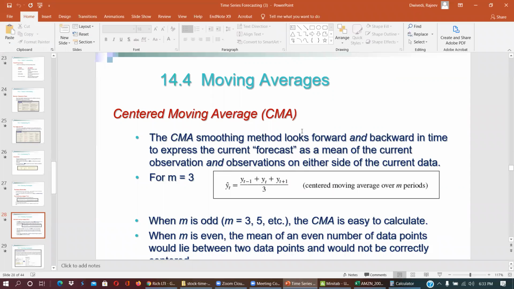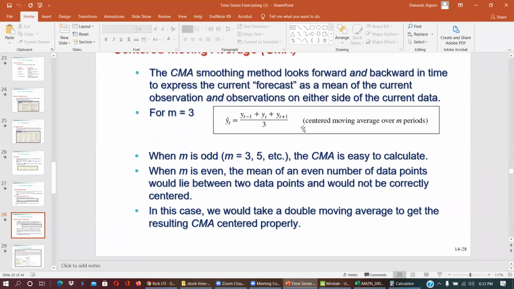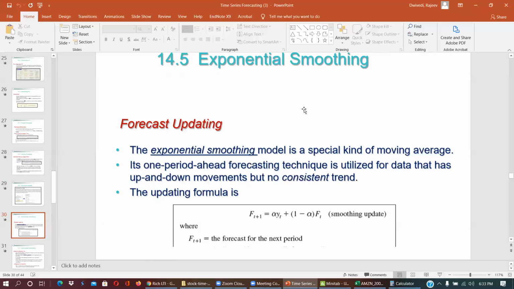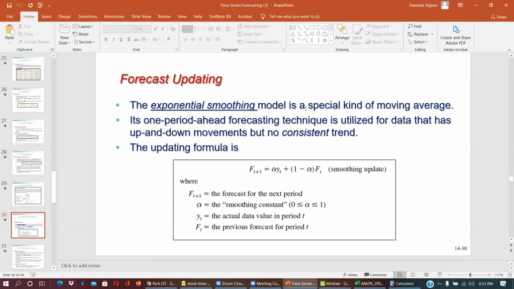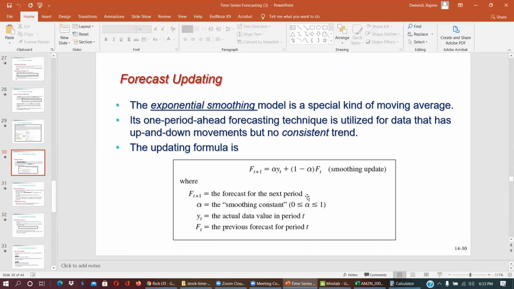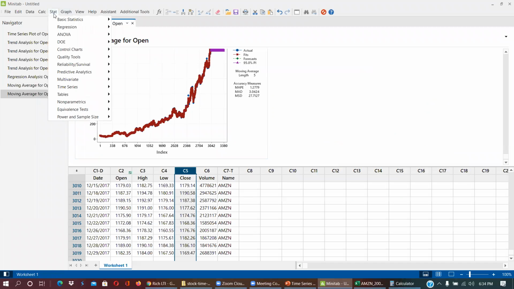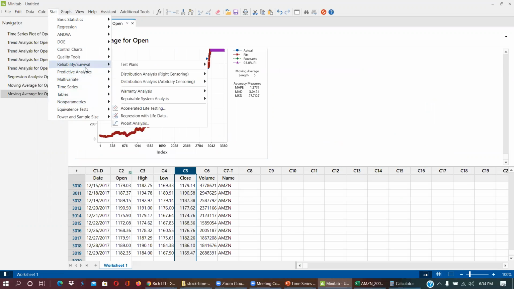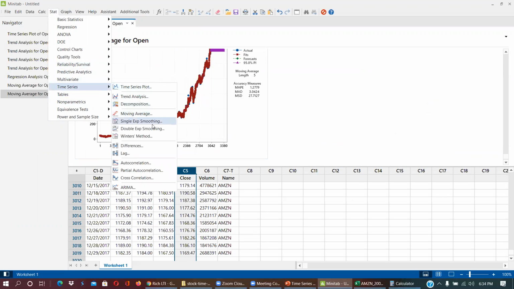So that is the central moving average forecasting update. Then we have exponential smoothing. This is the formula, and you can decide the alpha value between 0 and 1. This is another method: Stat, Time Series, single exponential or double exponential smoothing.